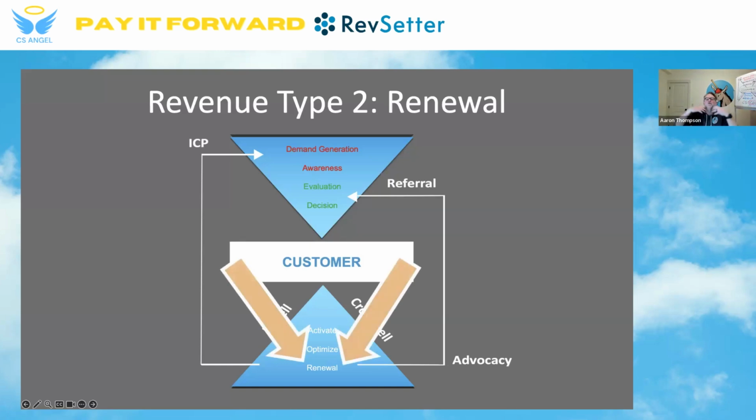And if we do customer success effectively, renewal should become a natural byproduct of their life cycle. In other words, if I'm getting what I need in terms of business goals, outcomes, etc., and I'm getting it how I want it in terms of desired experience, and I know it, that's the other key, I will renew.